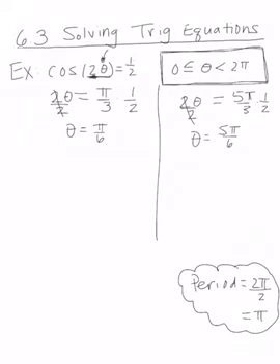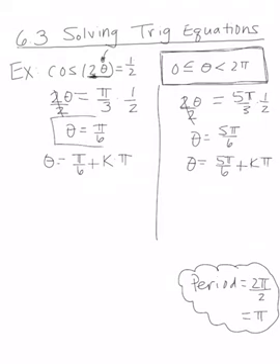So the general formula would be theta equals pi over 6 plus multiples of the period. k is just some integer. Oops, that's plus, okay? And here the general formula would be 5 pi over 6 plus multiples of the period.